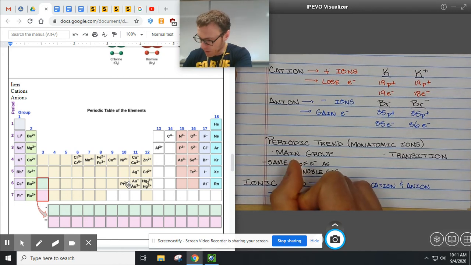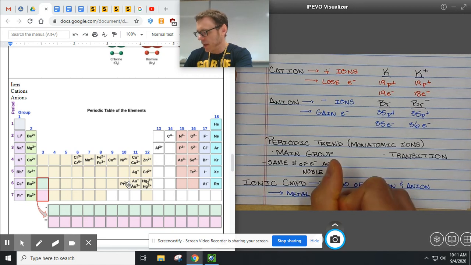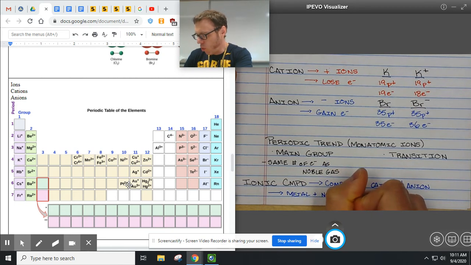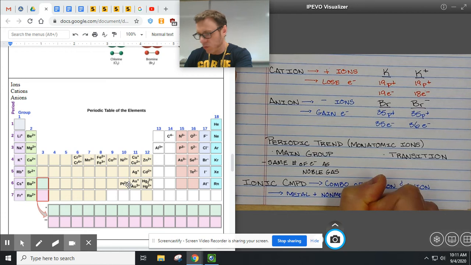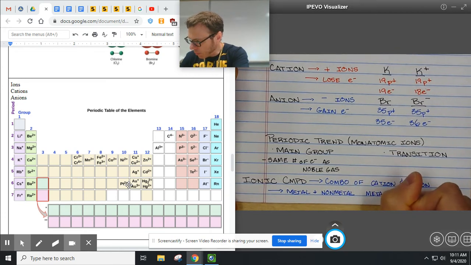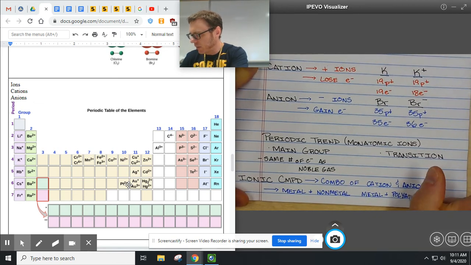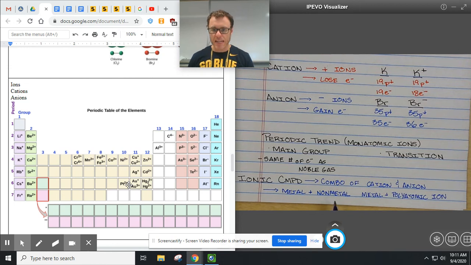An ionic compound is a metal plus nonmetal, or it is a metal plus polyatomic ion. And we'll get to those later. But here, if it has a metal, it will be an ionic compound. If it has a metal, it's an ionic compound. Say it with me one more time. If it has a metal, it's an ionic compound.